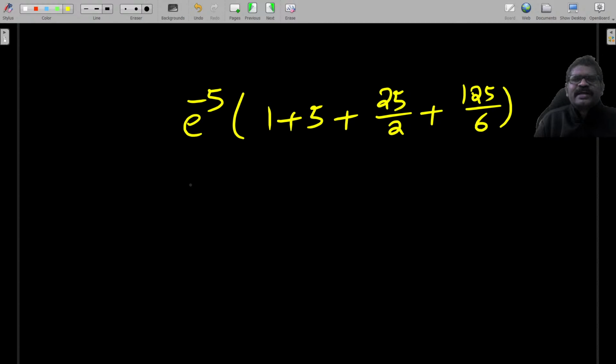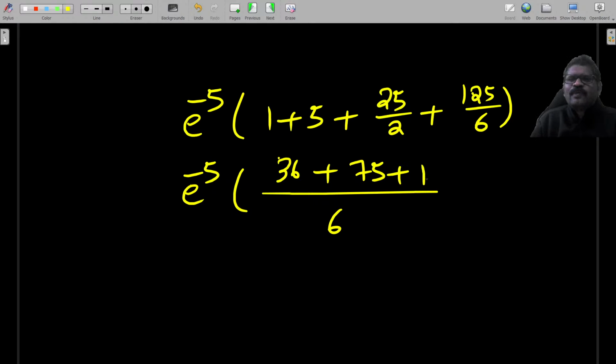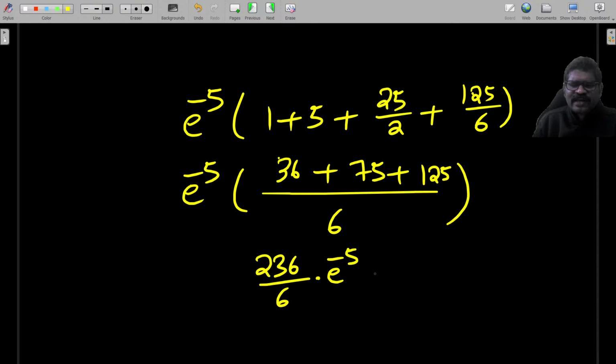Now this can be written as e power minus 5 of, taking LCM as 6, 6 plus 30 plus 75 plus 125, that is 236 by 6 into e power minus 5.